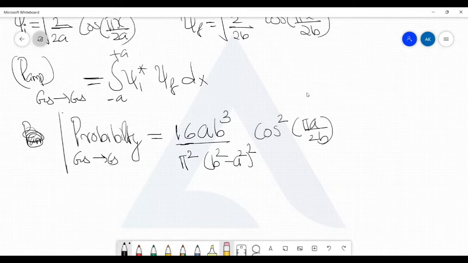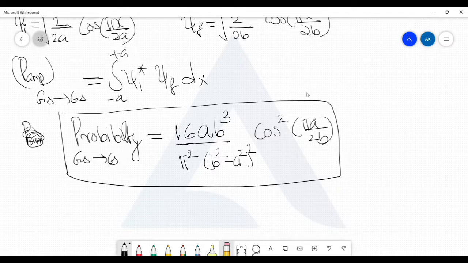This is for the ground state to ground state probability. Here, b is the edge of the box.